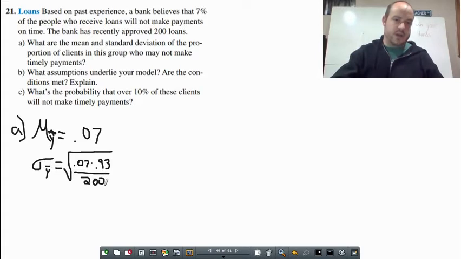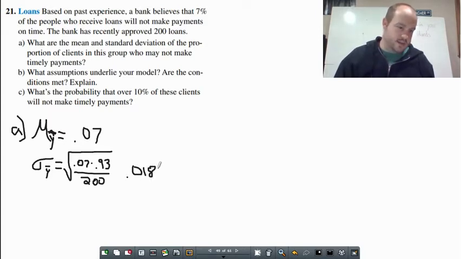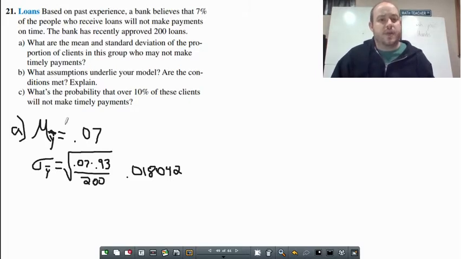So if we plug that into the calculator, 0.07 times 0.93 divided by 200, take the square root of that answer, and you get 0.018042. So that would be our mean and standard deviation for this question.